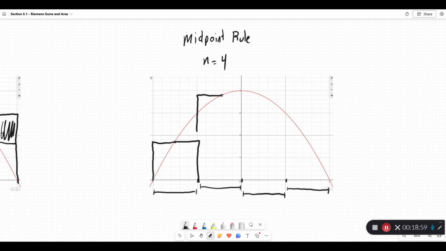And one benefit to using the midpoint rule is that on the surface, it's going to be a lot more accurate for a smaller number of rectangles.